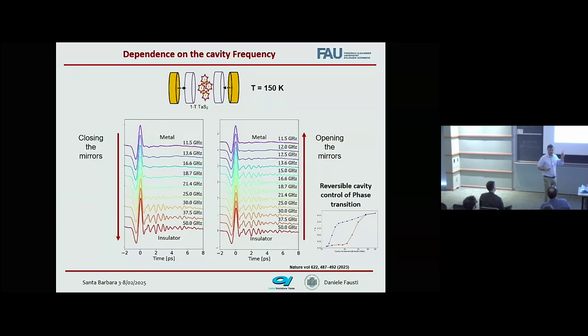But then we did other studies where we went to sub. You move the mirror by how much to drive the metal insulator transition, the flat mirrors? Well, 50 gigahertz and 11 gigahertz. I would say from 8 millimeters to 1 millimeter. This is just a number, but it's in these slides.